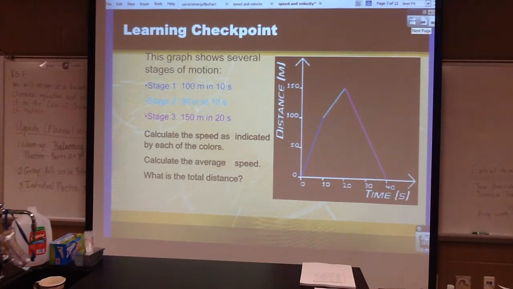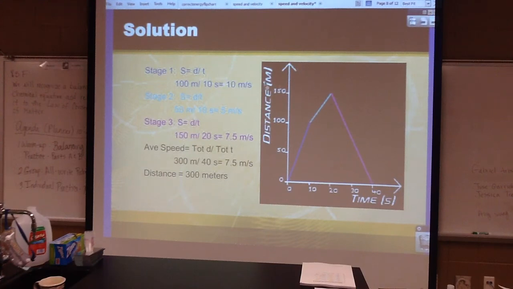Okay, we're back, and we're going to look at the calculations that you just completed. In stage 1, we covered 100 meters in 10 seconds, so we took 100 meters, that's our distance, divided by 10 seconds, that's our time, and our speed in stage 1 was 10 meters per second.